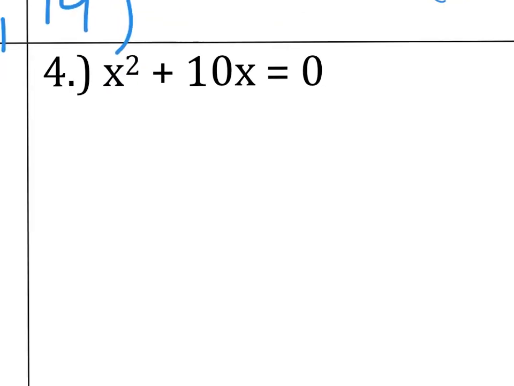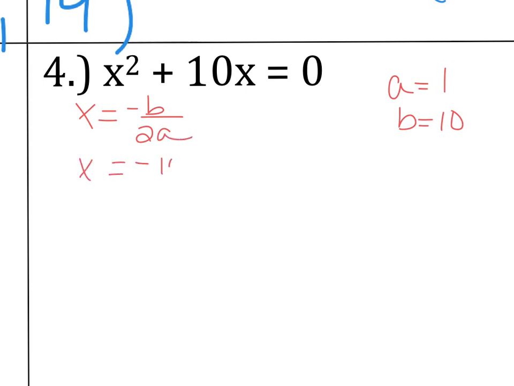Okay? All right. Now this time I'm missing c, but it doesn't matter because I don't need it. A is 1, b is 10. So x equals -b over 2a. This is -10 over 2 times 1, which is going to give me -5.